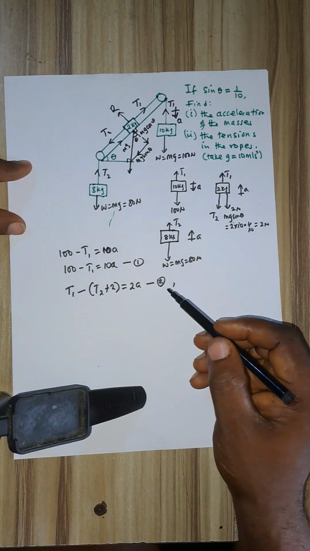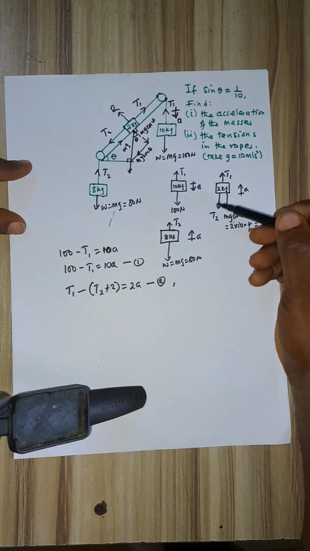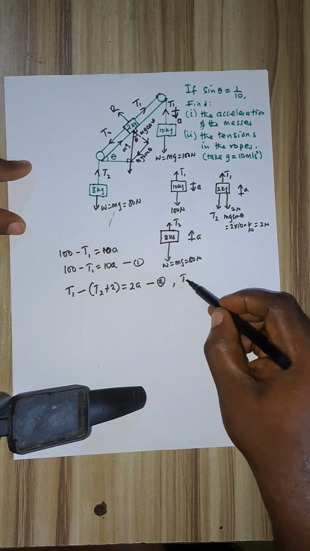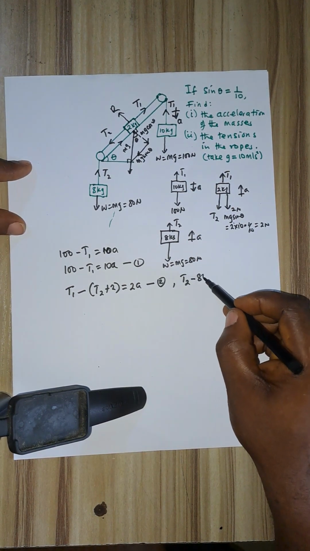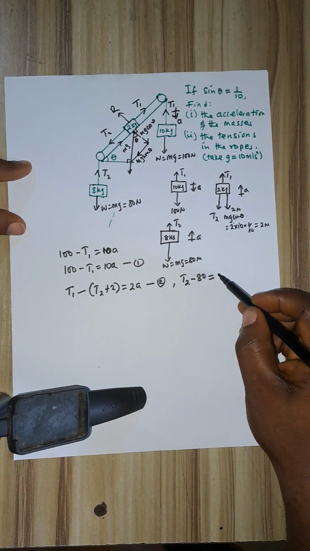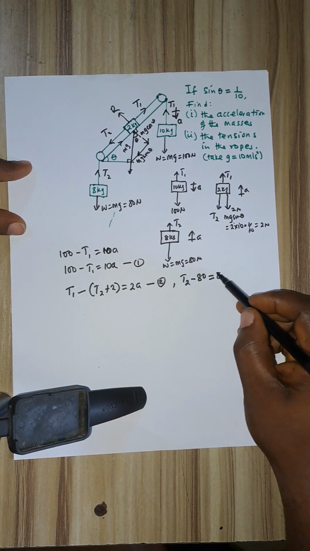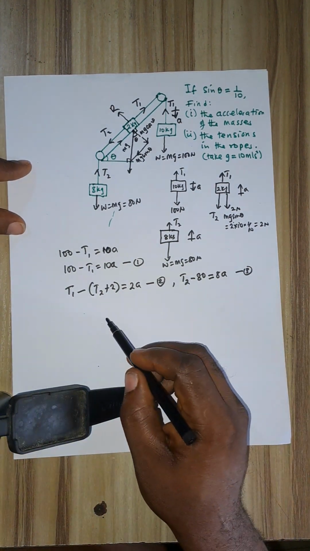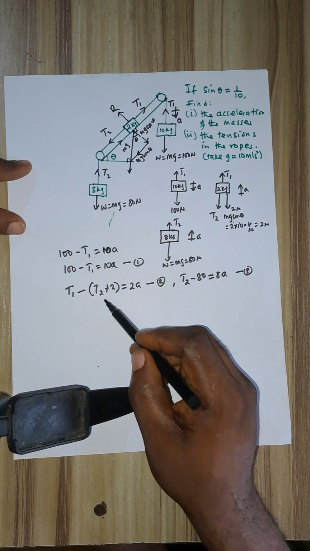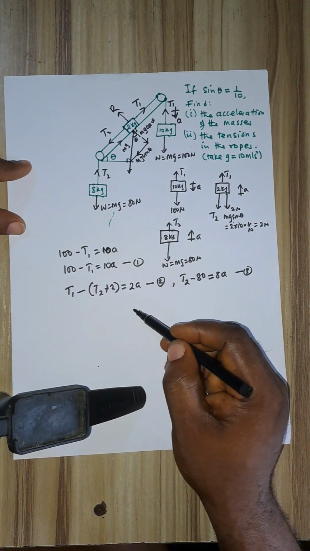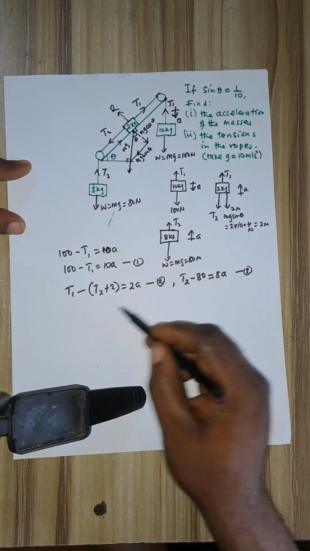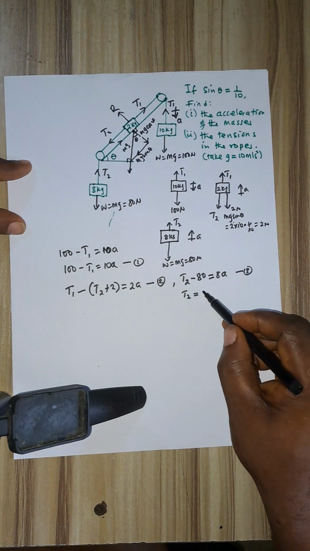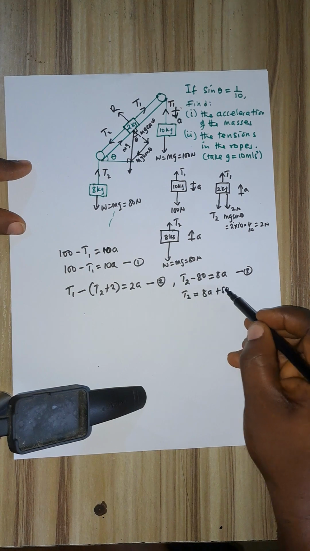With respect to the 8 kg mass, motion is in the direction of T2. So net force, the force responsible for motion, T2 minus 80, equals mass times acceleration, which is 8a. That's equation 3. Now from equation 3, T2 is 8a plus 80.